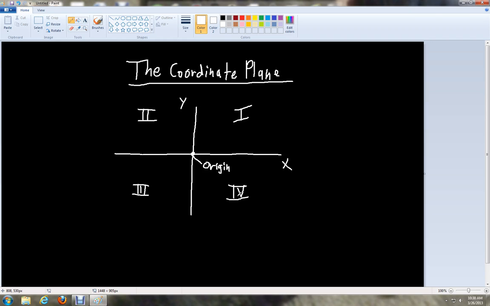So there was an important mathematician in, say, the 16th century. His name was Rene Descartes. He was a French mathematician and a philosopher. And he actually invented this coordinate system or plane, and it's named after him, called the Cartesian coordinate plane.